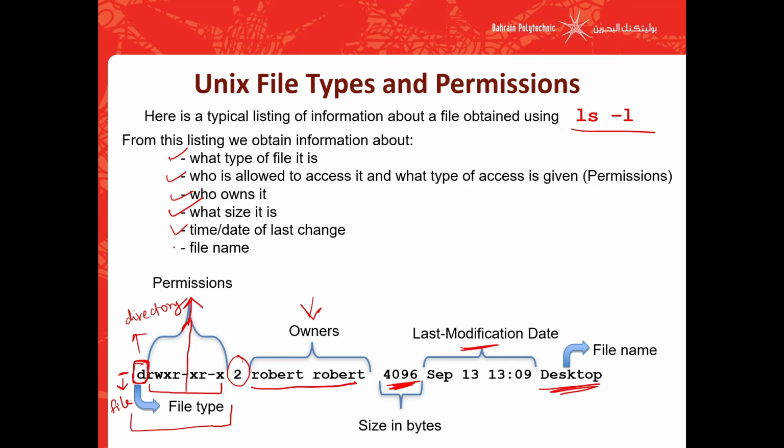So you have the type of the file, then permissions, owner, size, time and date, and then name. You can see all of this information when you issue the command ls -l.